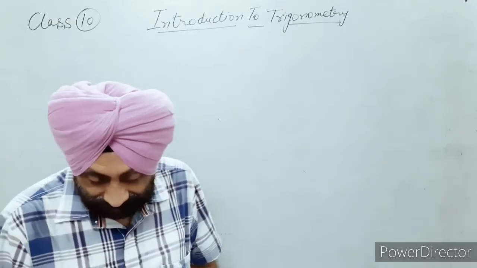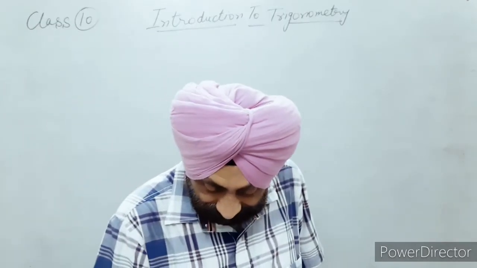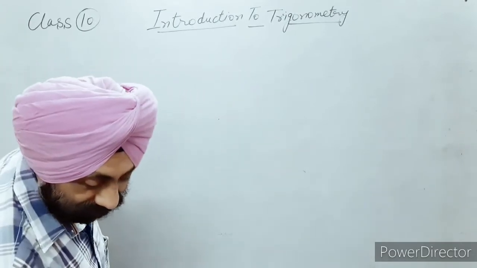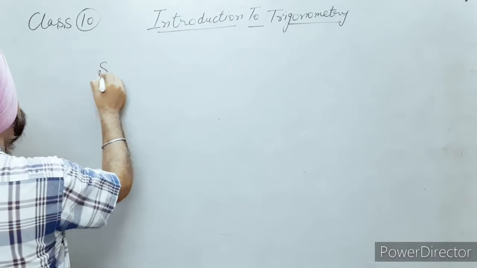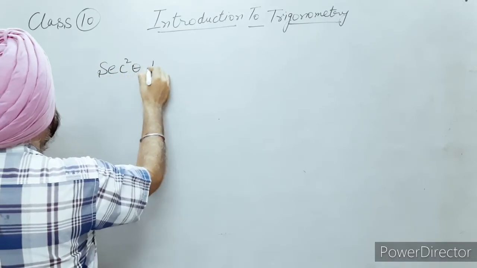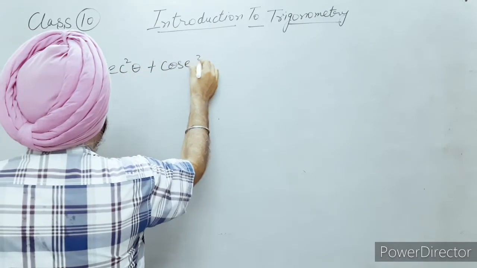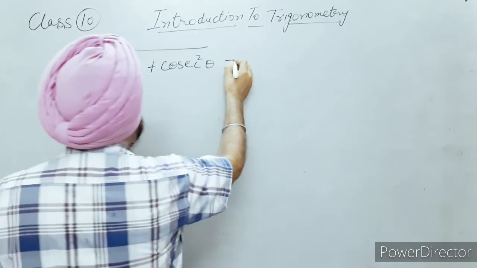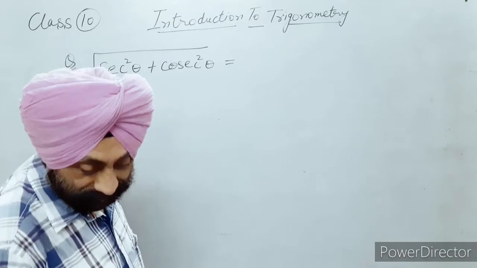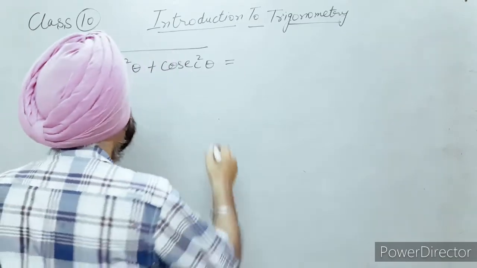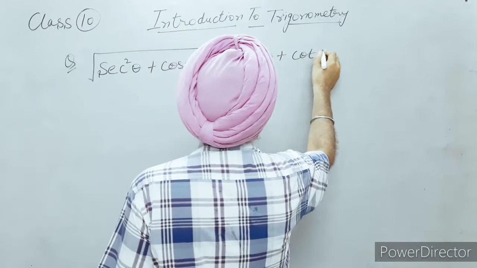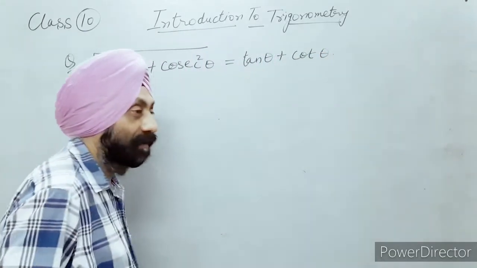Next question. Prove that the square root of secant square theta plus cosecant square theta is equal to tan theta plus cot theta.